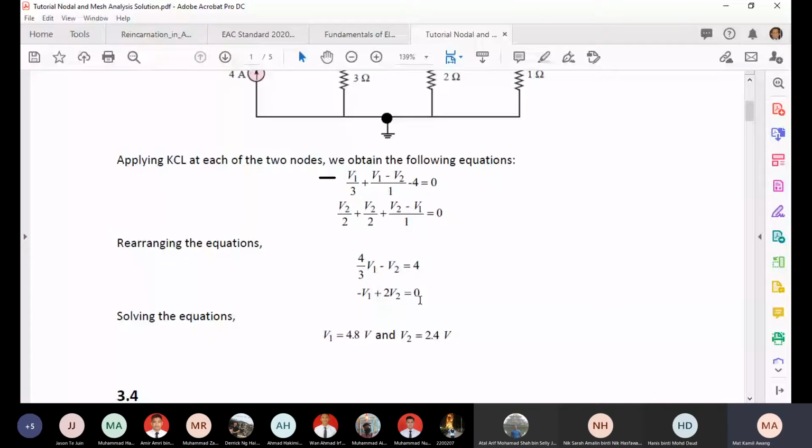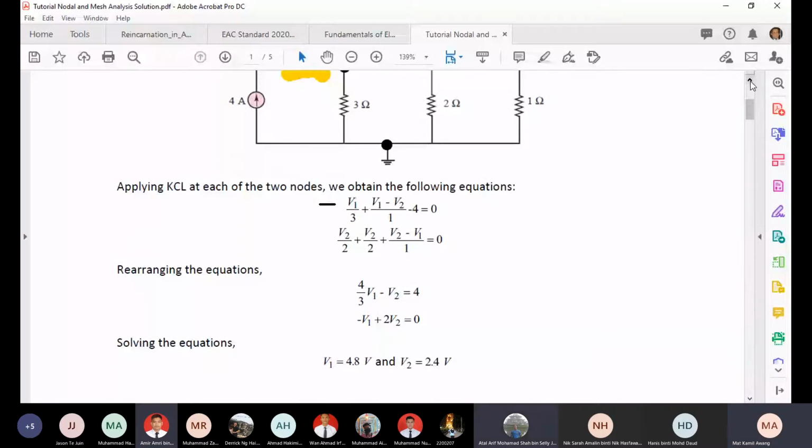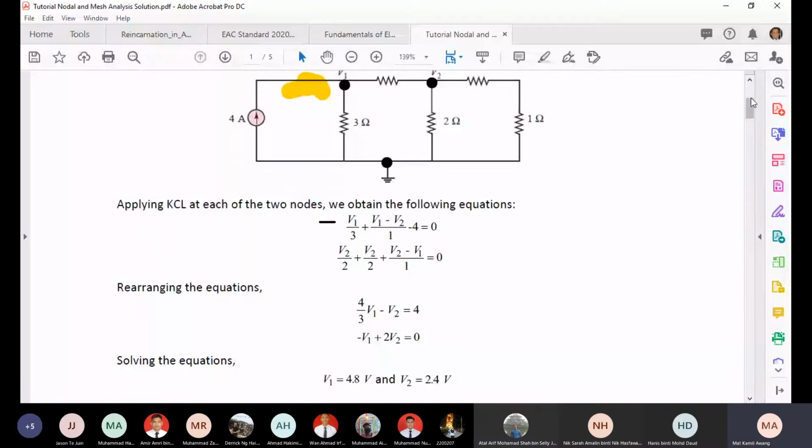From here, we solve this simultaneous equation. You get V1 equal to 4.8 volts and V2 equal to 2.4 volts. Clear? Everybody clear? That is the first solution.